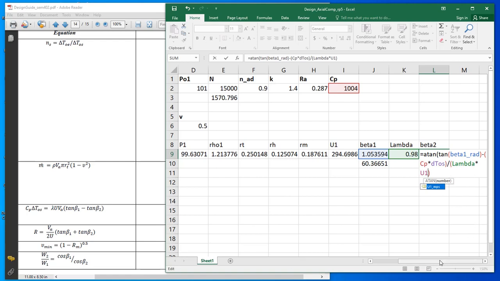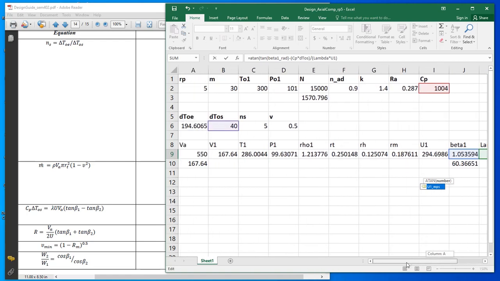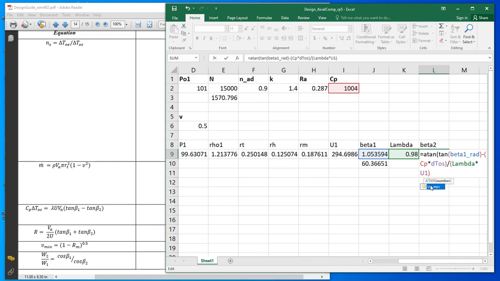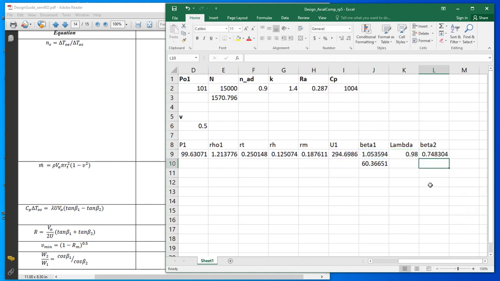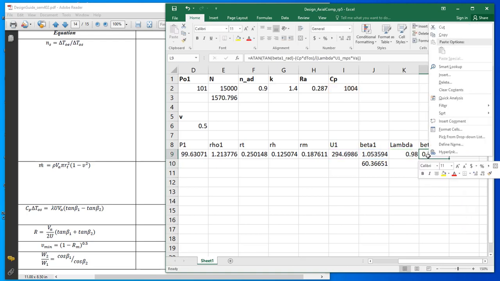Where is our u1? Let's check. u1 meter per second into VA. And that is your beta 2.